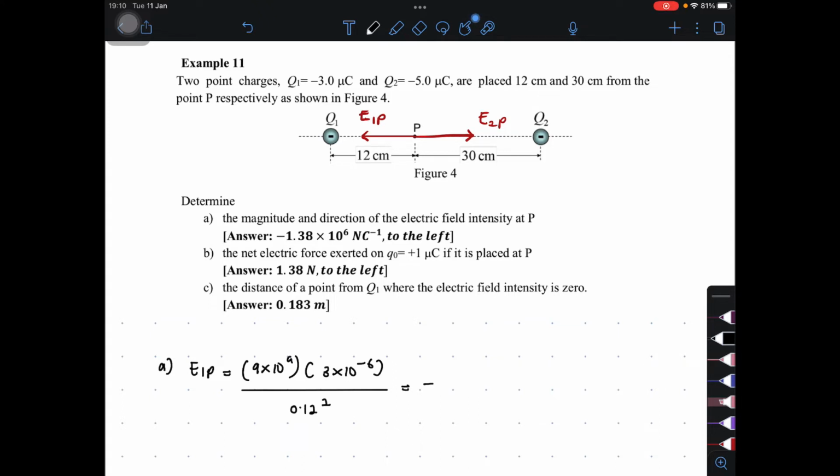You will get 1.875 exponent 6 Newton per Coulomb. And since the direction is going to the left, you write down to the left and it will be negative.